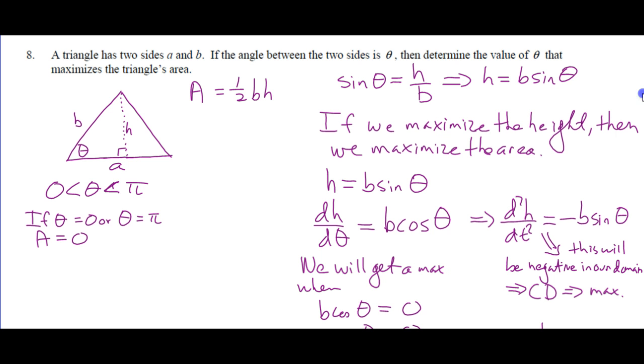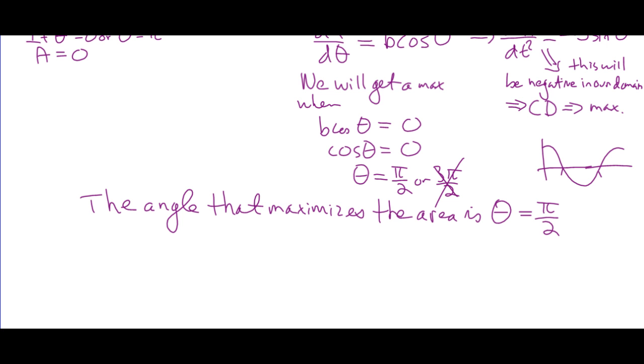So what kind of triangle? Theta is pi over 2. It's a right angle triangle. So the triangle of maximum area is going to be a right angle triangle.